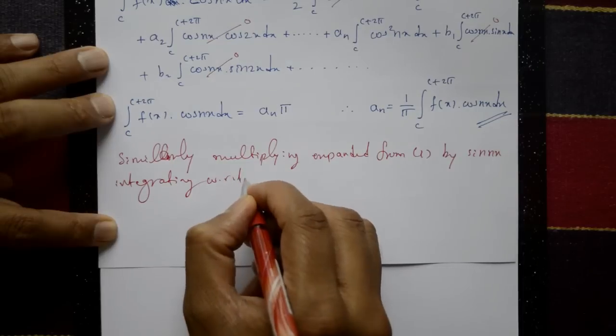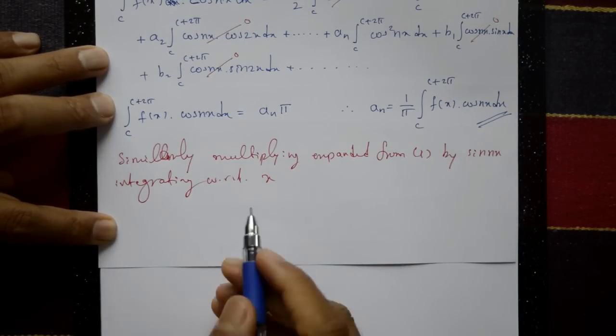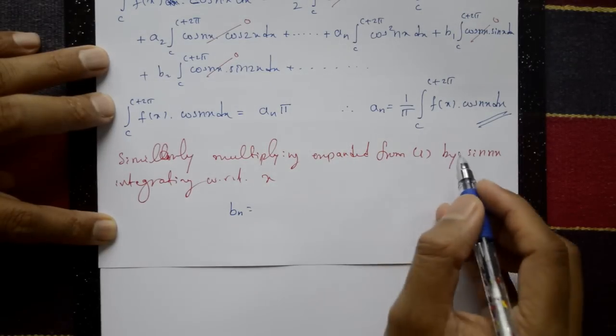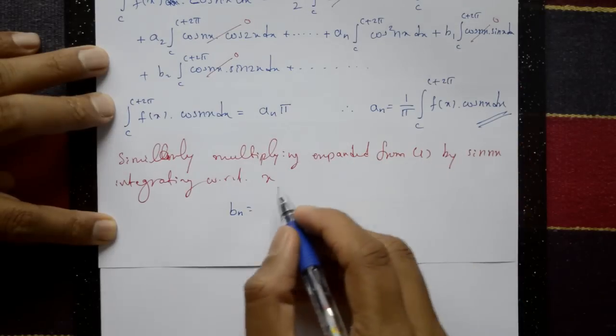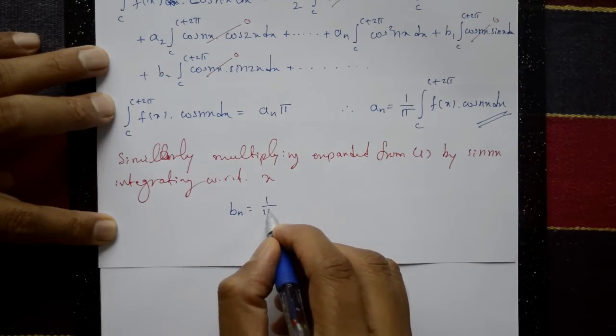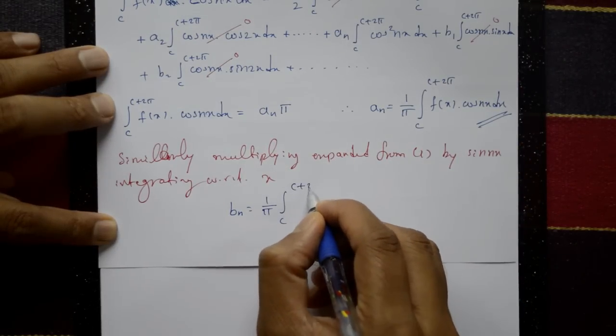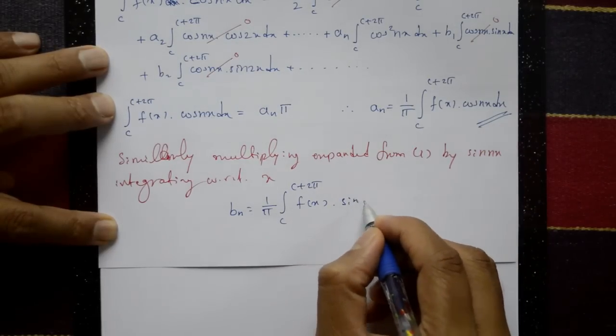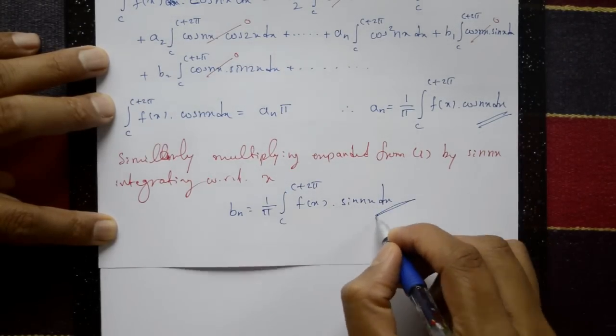Now you get bn by the same procedure, only multiply the whole equation by sin nx. Bn is equal to 1 by pi integration from c to c plus 2 pi of f of x into, only change cos to sin nx, with respect to x. This is the third, bn.